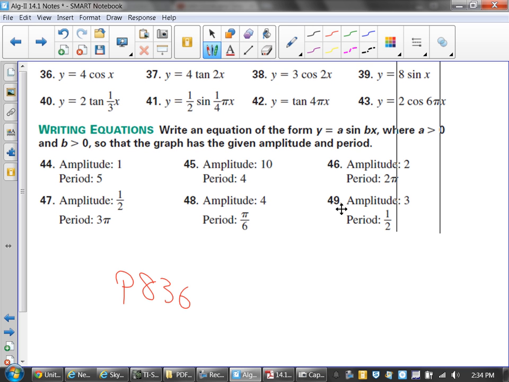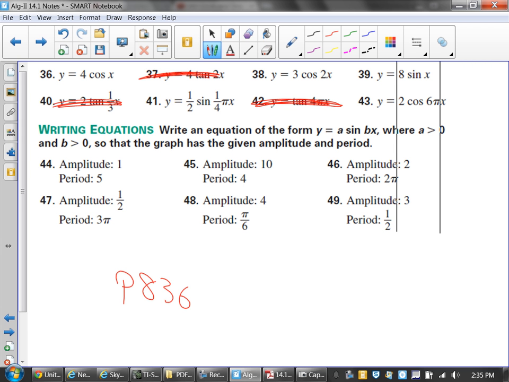We start at 36. I want you to graph these 5. Don't worry about the tangents yet. I want you to graph those 5: 36, 38, 39, 41, and 43. They're in front of you. They're highlighted.